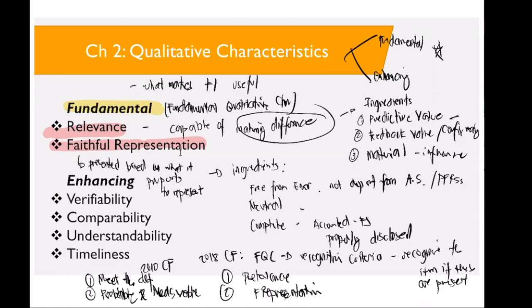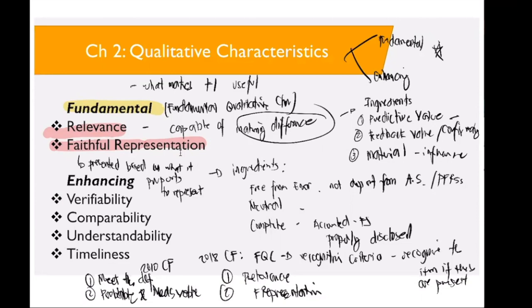So if ever different users will convene, they will see on your financial information that it is really a property, plant, and equipment. So normally, what does your verification do?